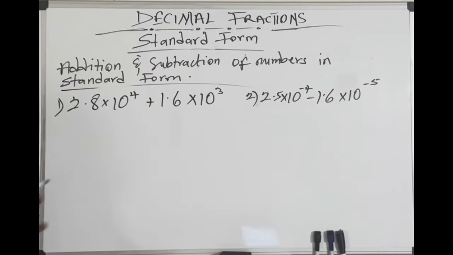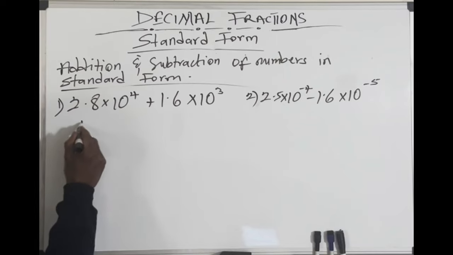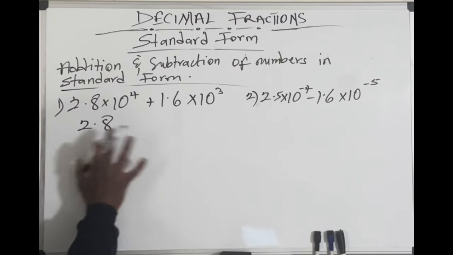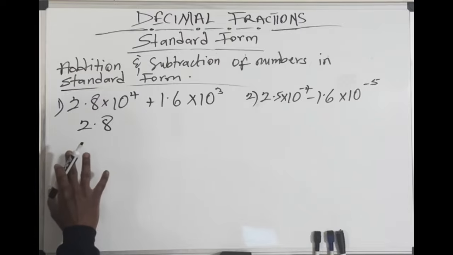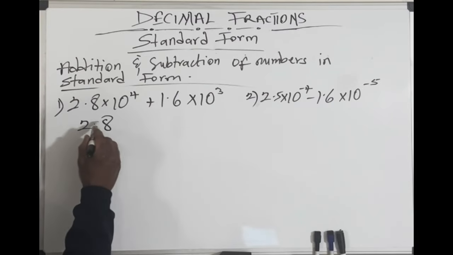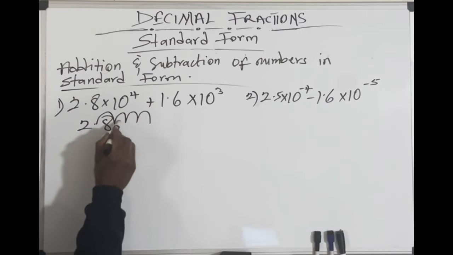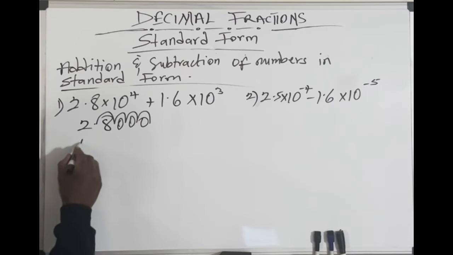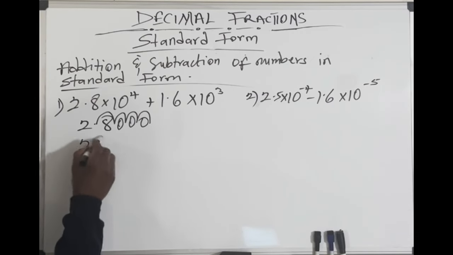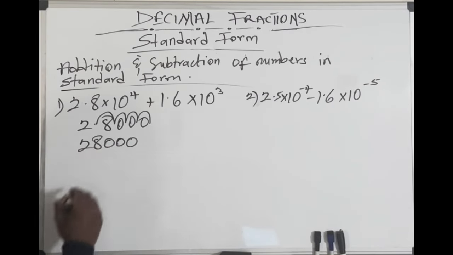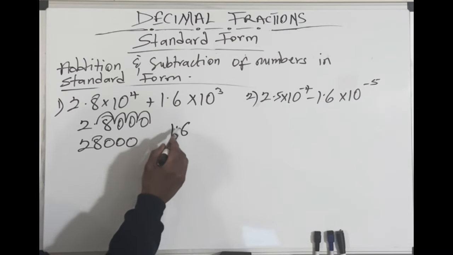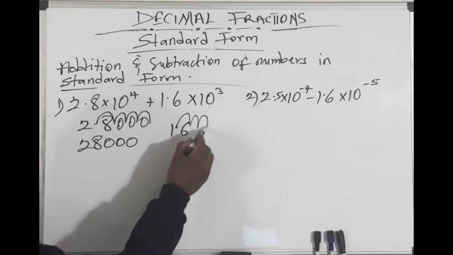Okay, so 2.8 will be expressed as a normal value. So 4 means we move 1, 2, 3, 4. We put zeros in between. So right now 2.8 is 28,000. We do the same thing for 1.6. It says we should move 3 times, 1, 2, 3.